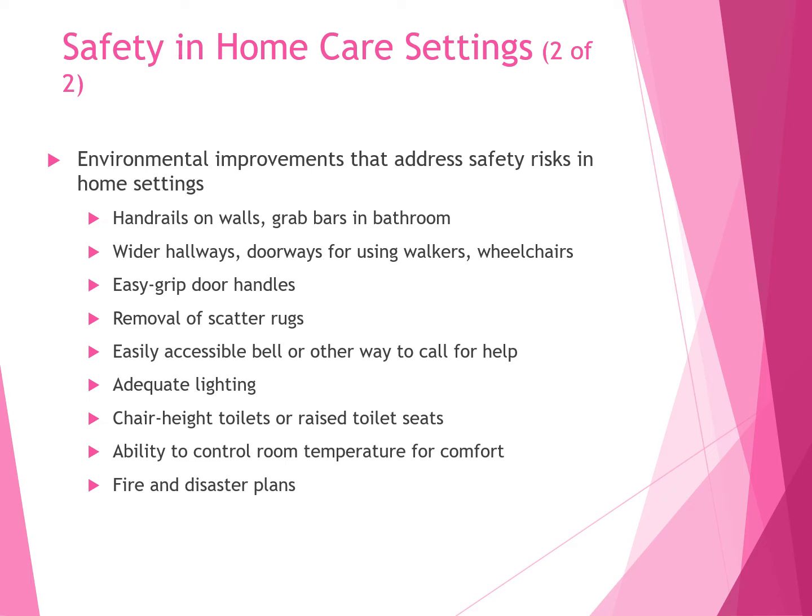Remember, they're in a home, they may not have a call light, they have a life alert around their neck or some monitor in their room. Adequate lighting, they need to be able to see. Chair height toilets, raised toilet seats in the bathroom so they don't have to squat down so low, and it's easier to get up and down on those.